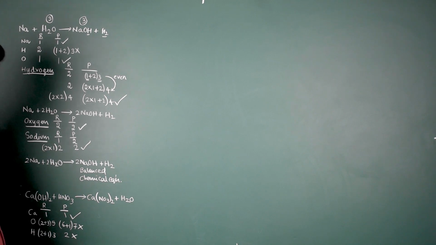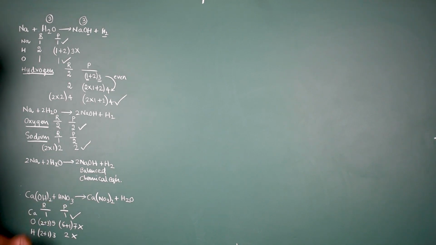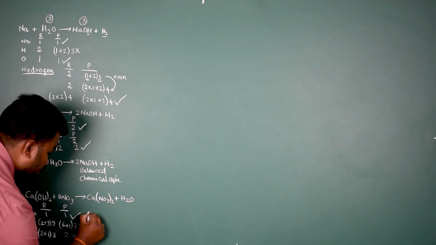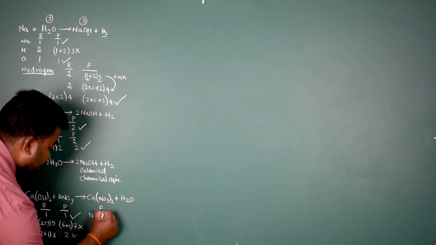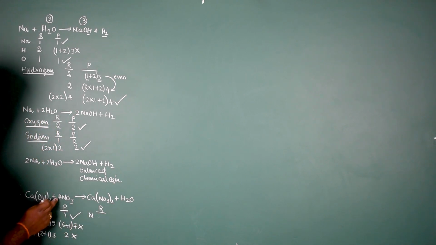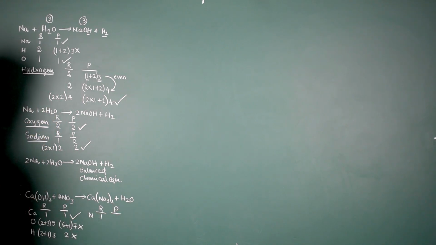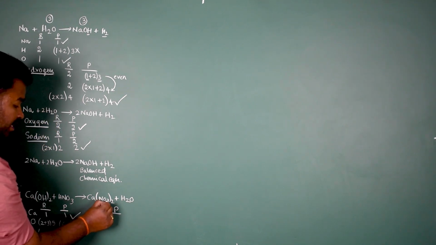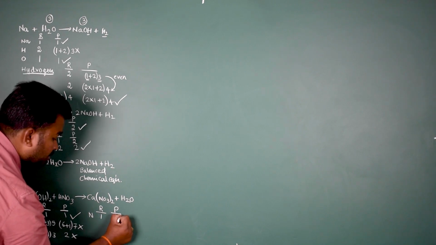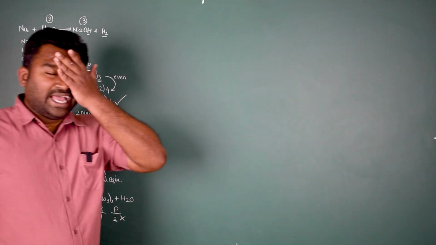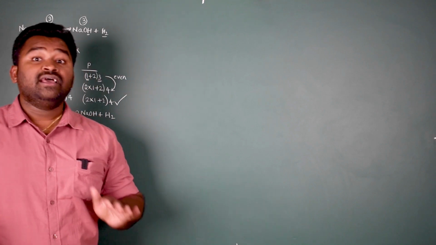Hence we have to balance this whole equation. And there is one more nitrogen here. On the reactant side, we have stoichiometric coefficient 1 into subscript 1 is 1 nitrogen. Whereas on the product side, in the bracket there is 1 into 2, 2 nitrogens. So nitrogens are also not balanced. Hence we have to balance this chemical equation.